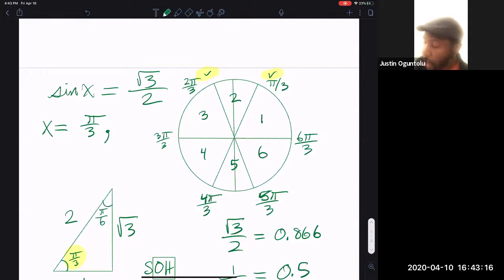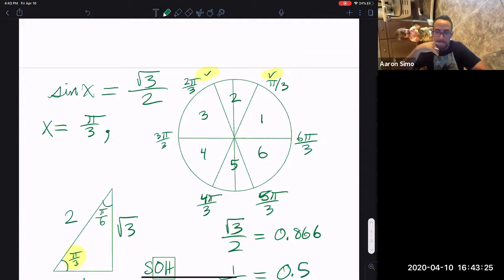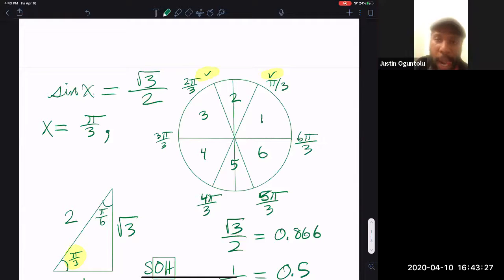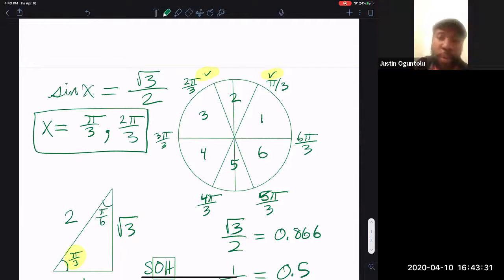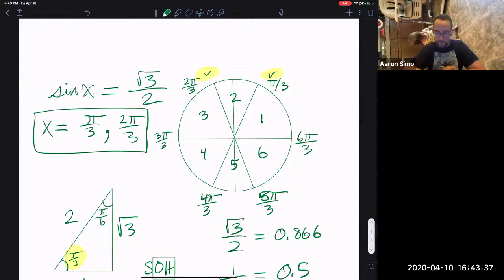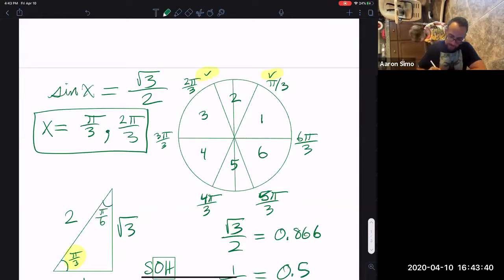Okay. At pi over 3, and at 2 pi over 3. So it would be both of those. Correct. There's 2 solutions, but only if they say between 0 and 2 pi.